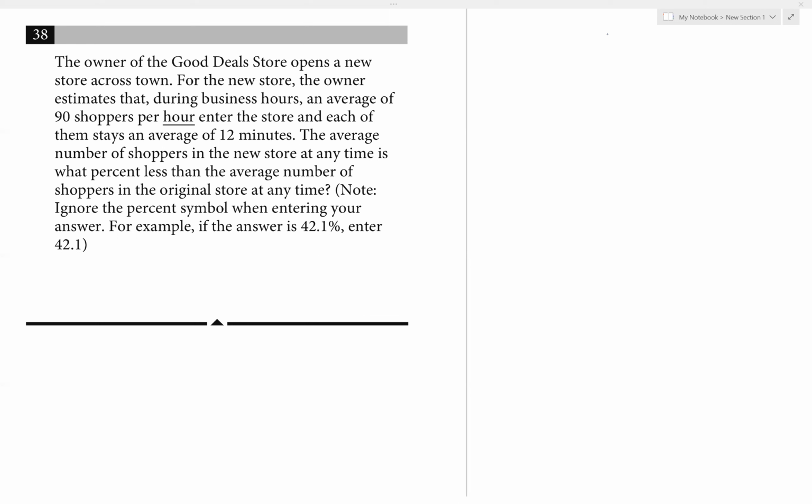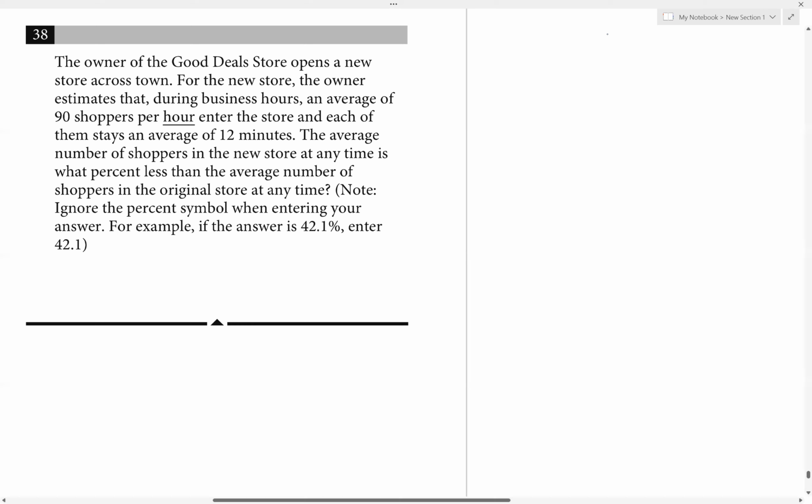All right. So first, for the new store, we have to solve for the total number of shoppers at any given time. That will be the same formula that we used in the previous question, Little's law.